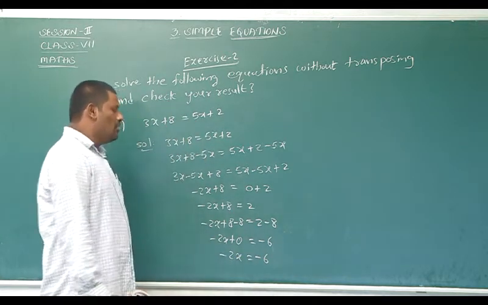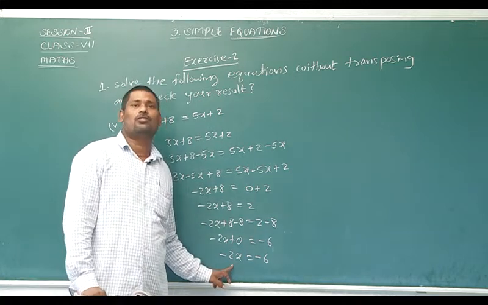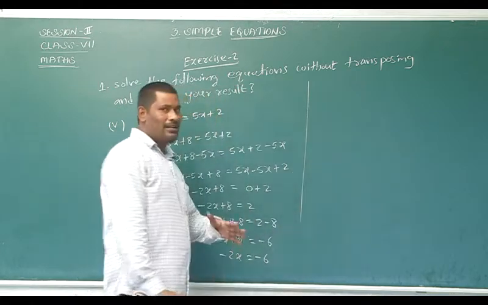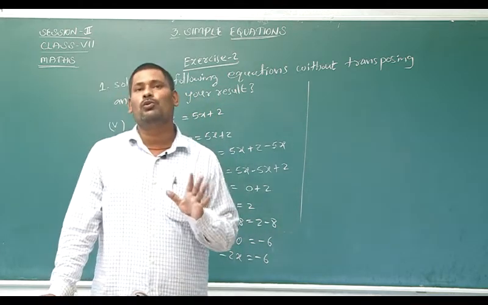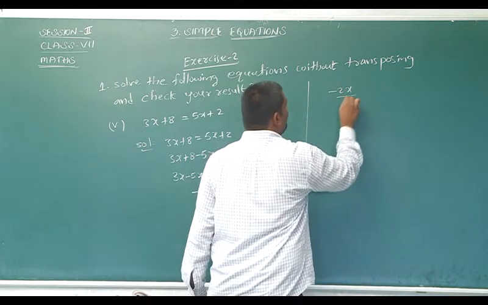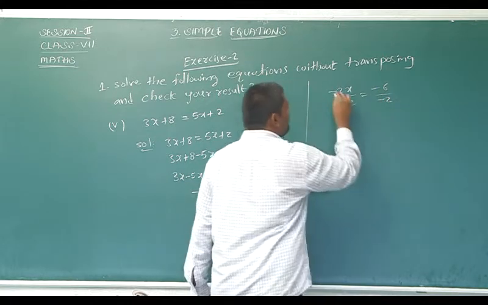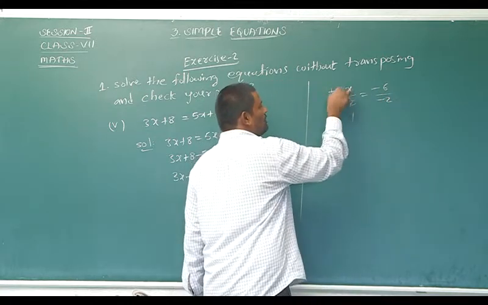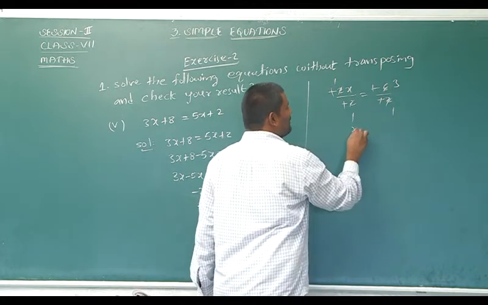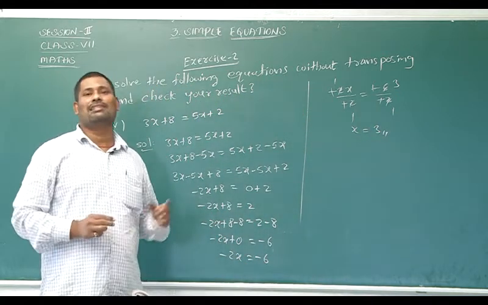Now minus 2 is multiplying x; if I remove this minus 2, I get the value of the variable x. So I divide both sides by minus 2: minus 2x by minus 2 equal to minus 6 by minus 2. The minus signs cancel, 2 ones and 2 threes, so x equal to 3. The solution of the given equation is 3.